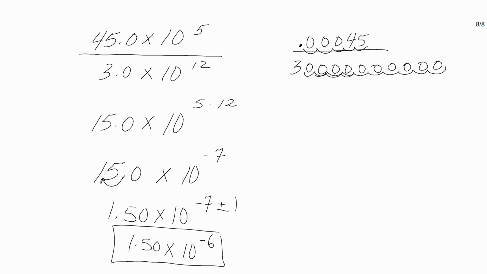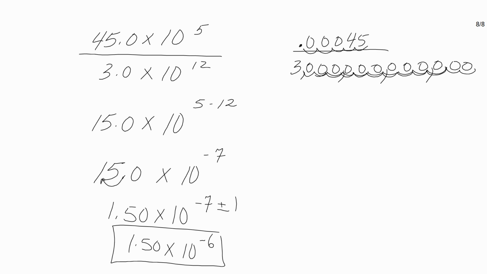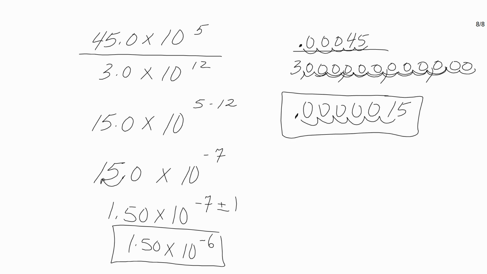One, two, three, 4, 5, 6, 7, 8, 9, 10, 11, 12. Million, billion, 3 trillion. You just took 0.00045 and you divided it by 3 trillion. And you got 0.00000015.